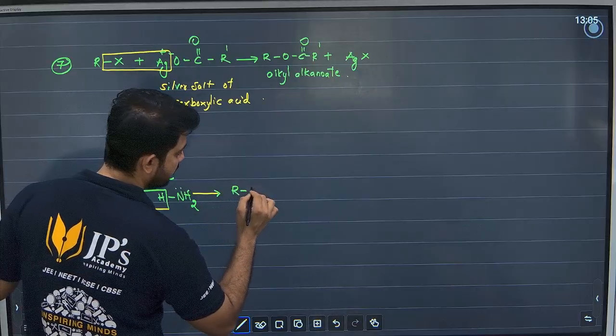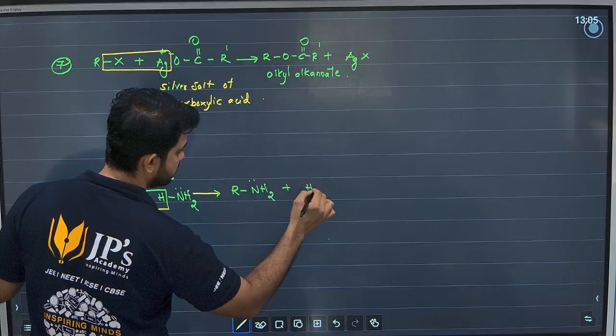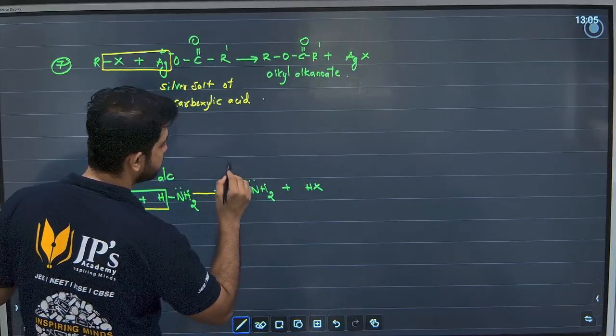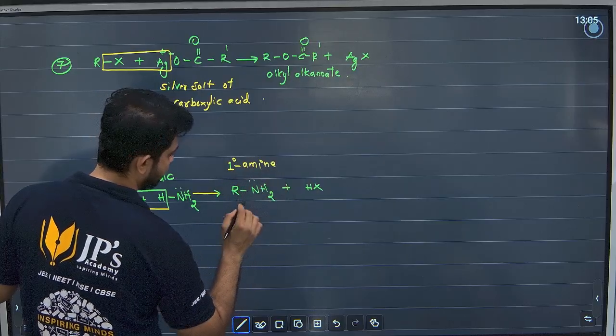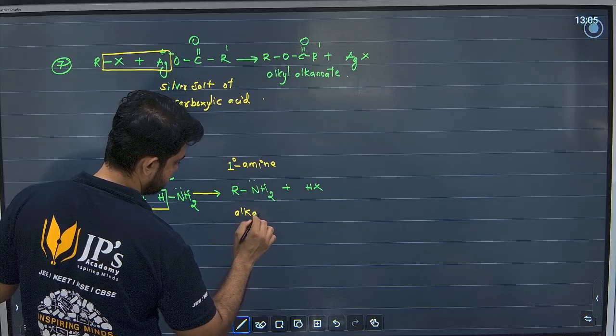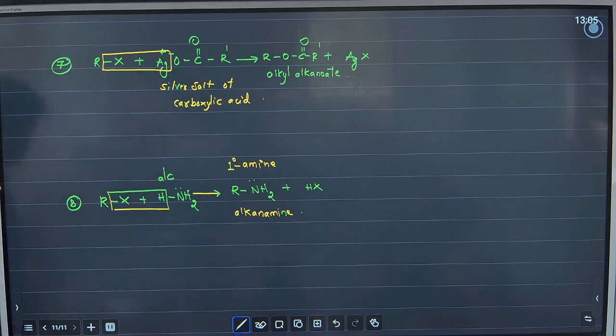RNH2 plus HX, so what we have here is primary amine, alkanamine. Did you get that?